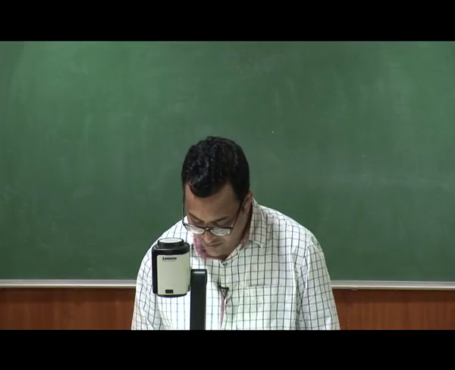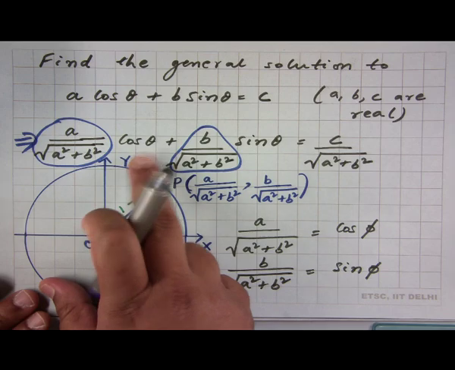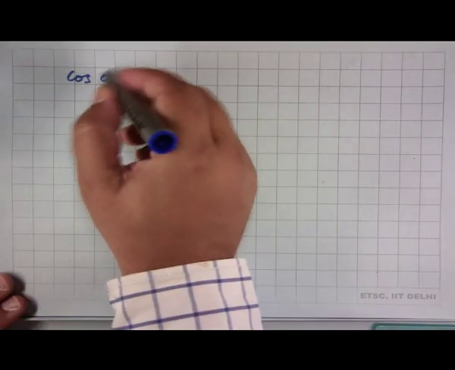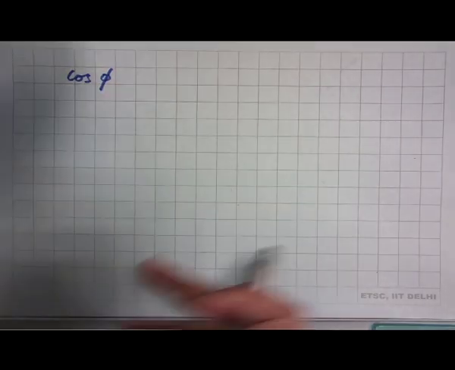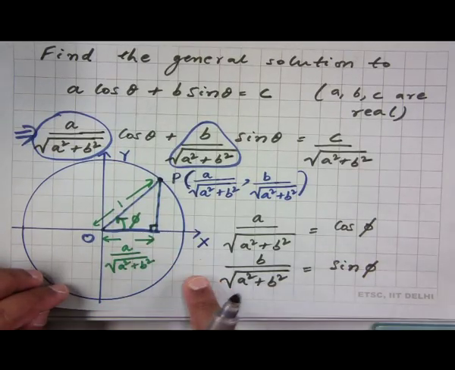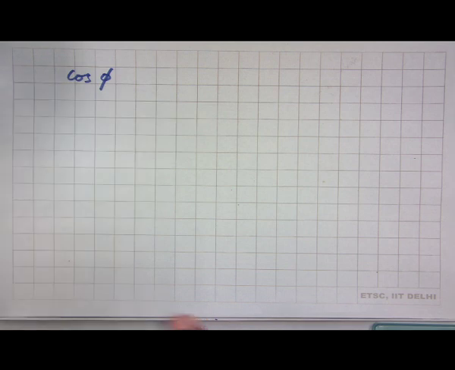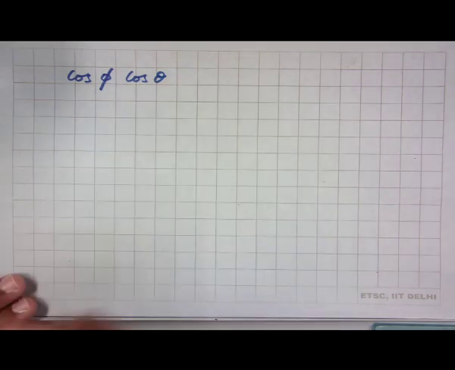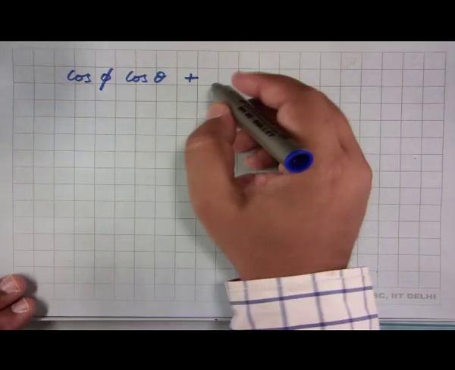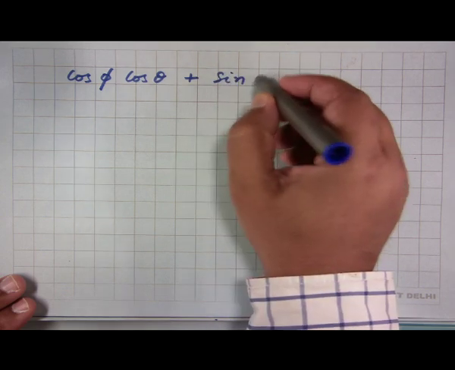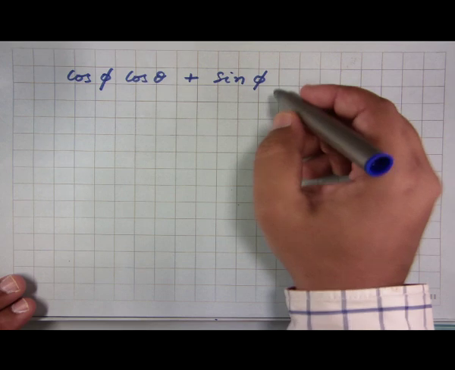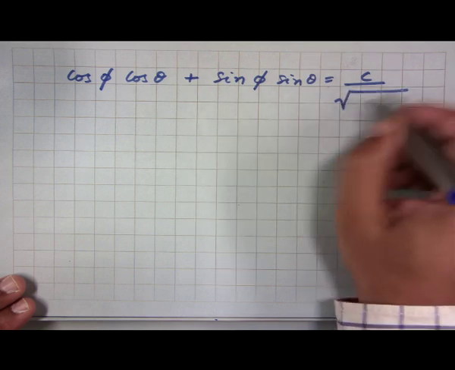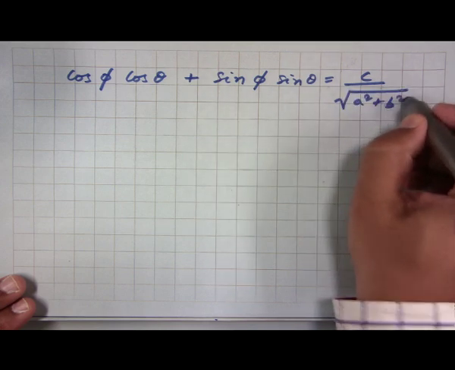Now, using this fact back into the trigonometric equation, this angle phi is completely known to us. We get cos phi into cos theta plus sin phi into sin theta is equal to c upon square root of a square plus b square.